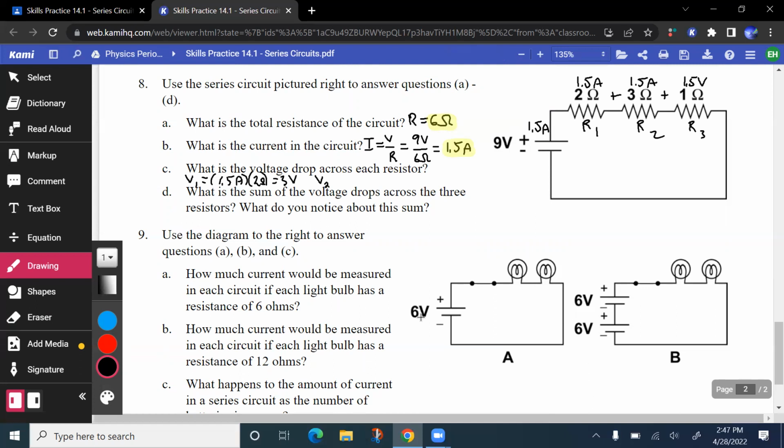The voltage on 2 would be 1.5 amps times 3 ohms would be 4.5 volts. And finally, the voltage drop across the third one will be 1.5 amps times 1 ohm, which would be 1.5 volts.